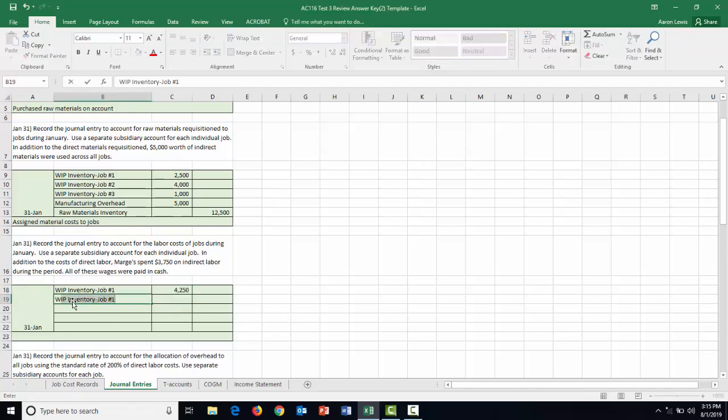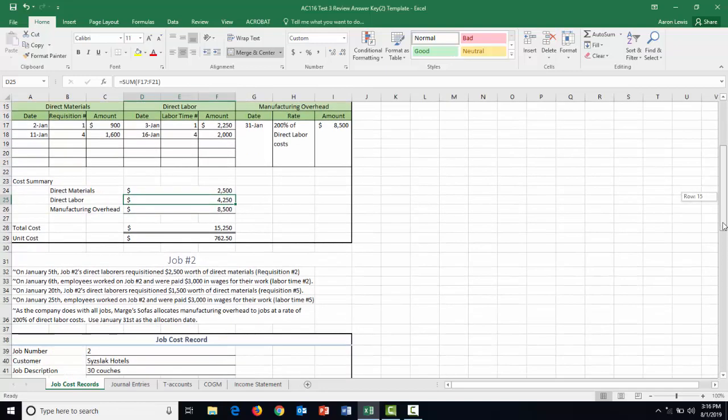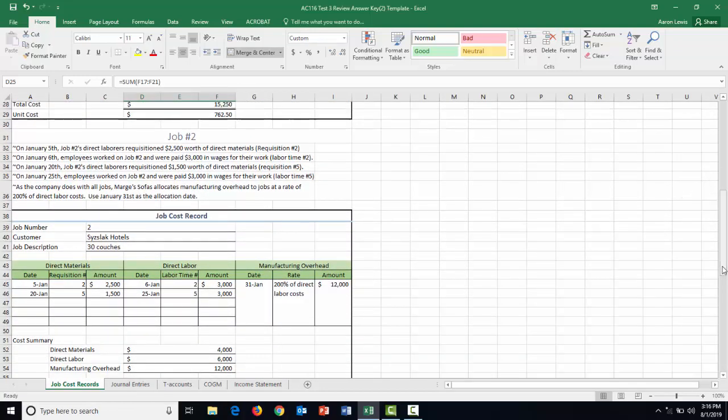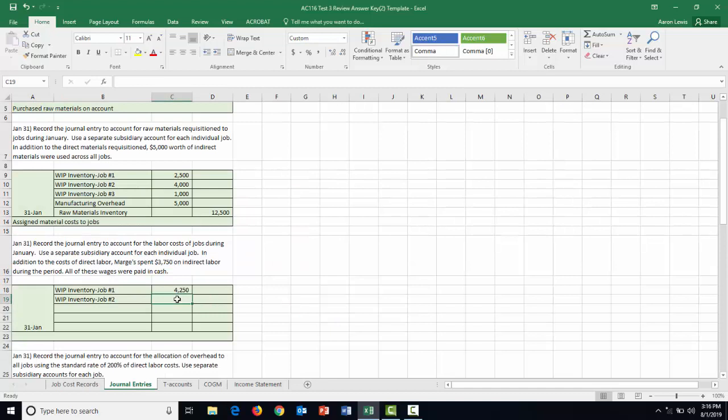Let's account for our other jobs. WIP inventory for job number 2. We go to our job cost record for job number 2, and we see that we had total labor for job 2 of $6,000. So we go to our journal entries, and we fill in that $6,000.